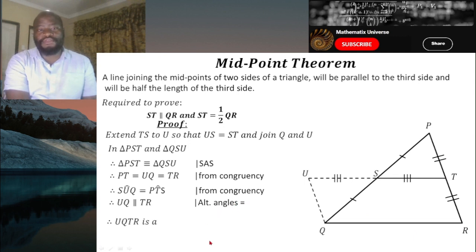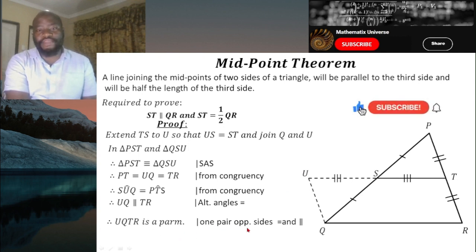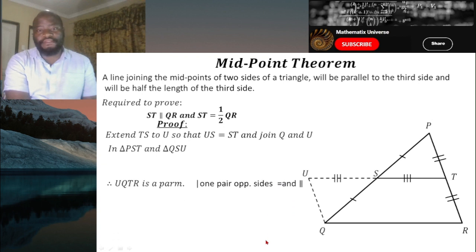So it means we can conclude and say UQTR, maybe I should have said UQRT is a parallelogram. The reason is one pair of opposite sides is equal and parallel. Okay, let's take this up there.